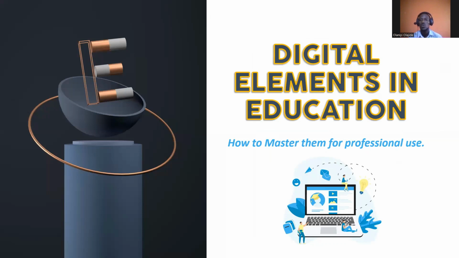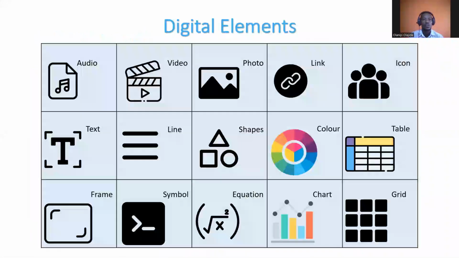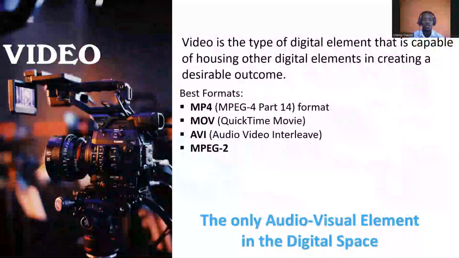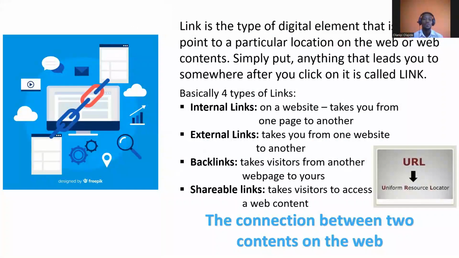And then we looked at some of the digital elements that we have, and we talked about audio, video, photo, and that was where we stopped the last time. So today we want to look at link, icon, text, and a host of other digital elements that we have. So let's start with link.